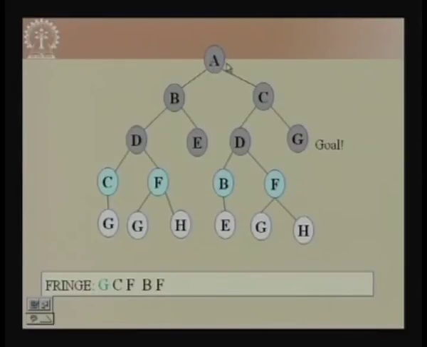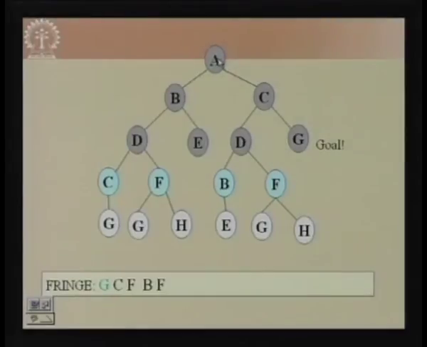So, we notice that first all nodes at level 0, depth 0 from start state, are expanded, that is A itself. Then all nodes which are at distance 1 from the start state, then all nodes at distance 2, then all nodes at distance 3 and so on.